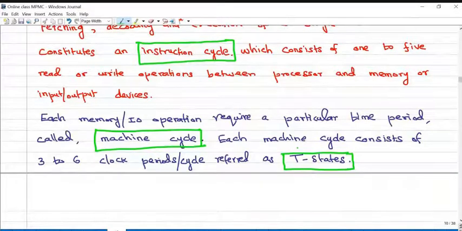To perform one particular machine cycle, either reading the opcode from memory, reading data from memory, writing data into memory, reading data from an IO device, or writing data into an IO device, each machine cycle may have a different number of clock pulses, minimum 3 to 6 clock cycles. That is called a T state.